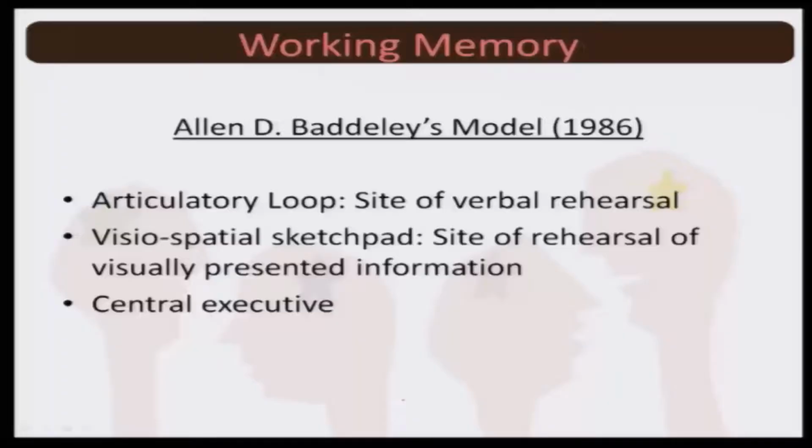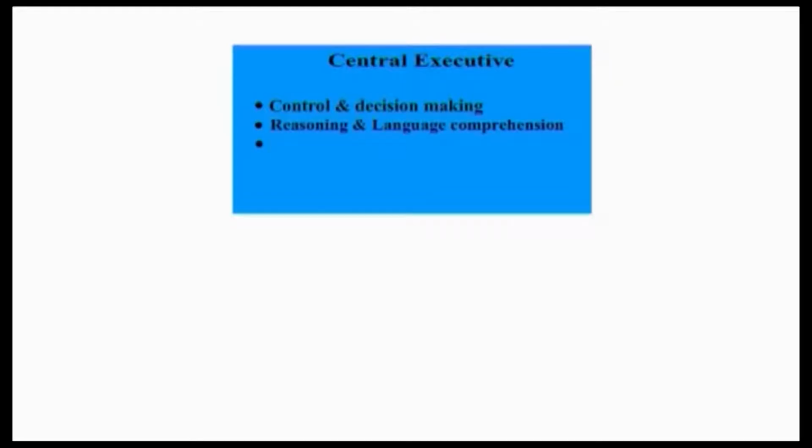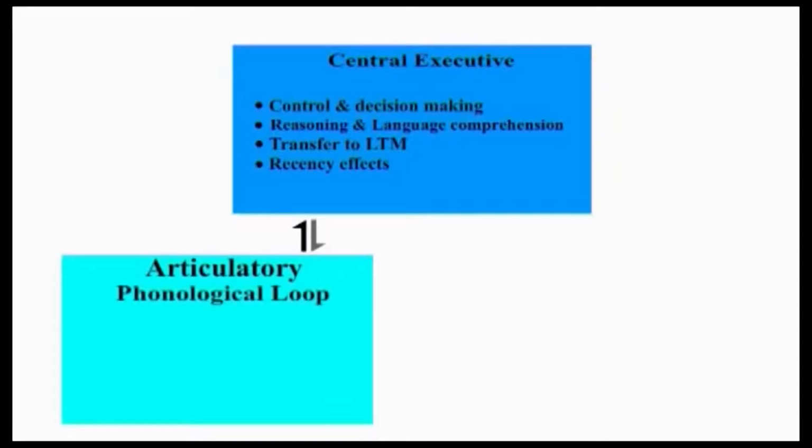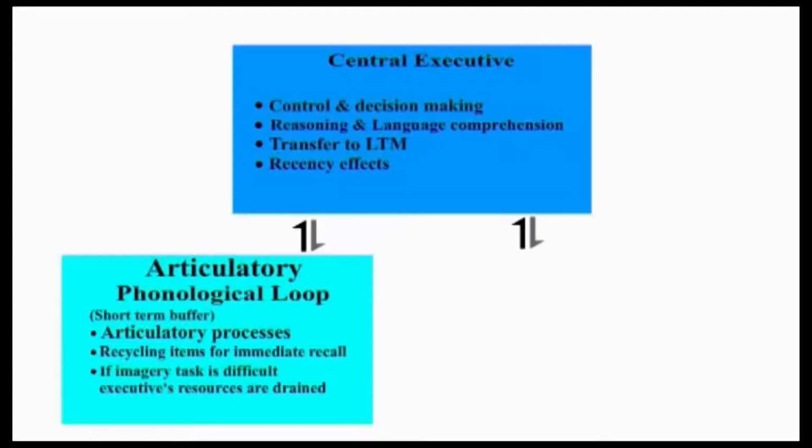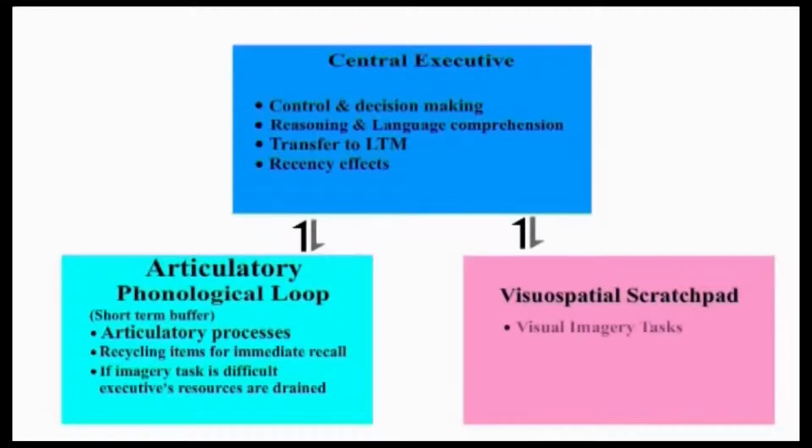Another interesting concept that was introduced to short term memory was the concept of working memory given by Alan Baddeley. Alan Baddeley's model of working memory comprises 3 things: the central executive, the articulatory loop, and the visuospatial sketchpad.